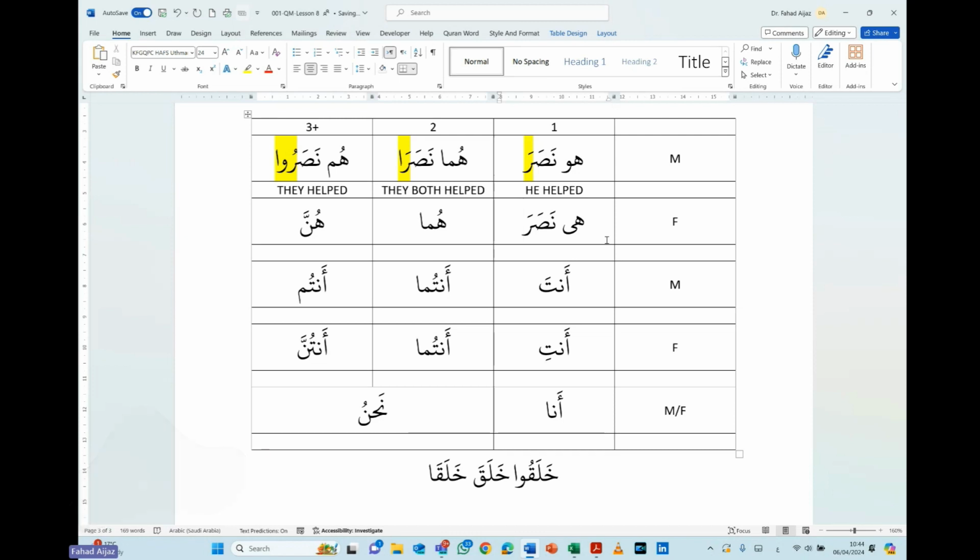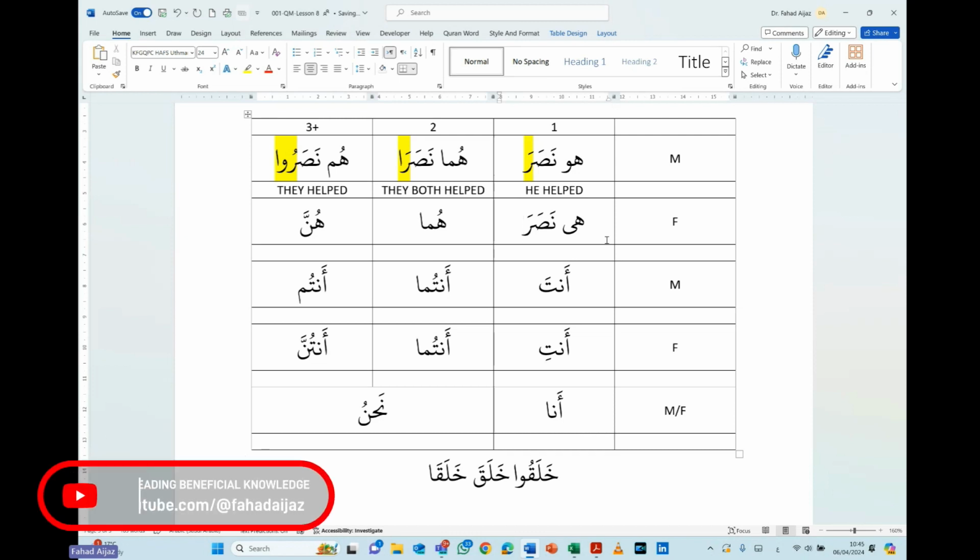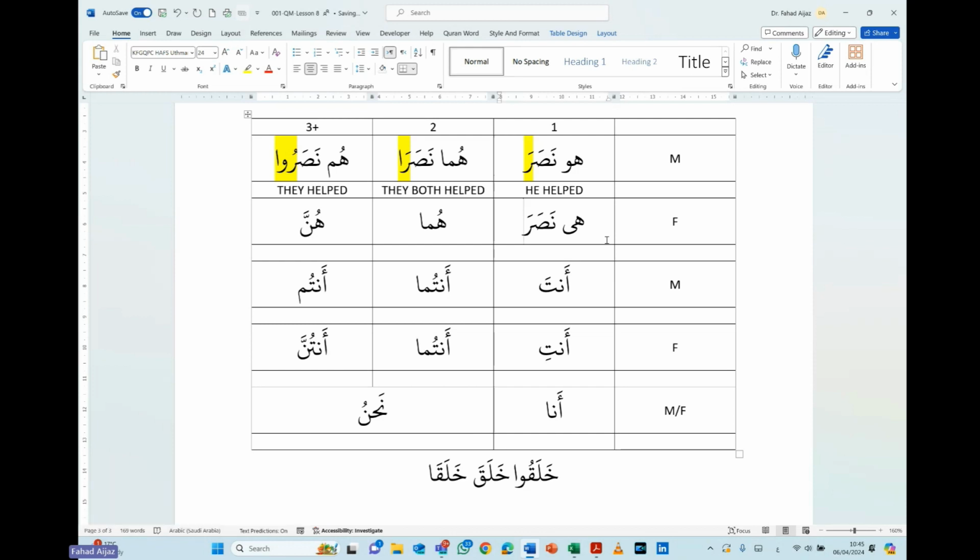And if you remember, the letter ta is very close to the feminine in Arabic, right? It represents feminine words many times in Arabic. So you're going to use the same ta like that, and you're going to put a sukoon on it. That's it. Nasarat. You're talking about this ending, fatha and sukoon ending. Nasarat.